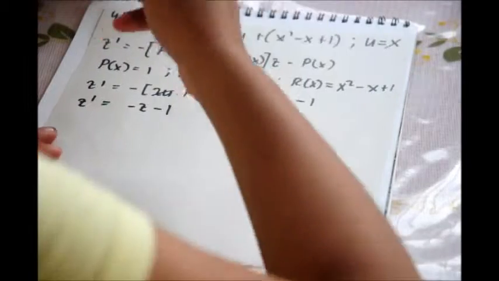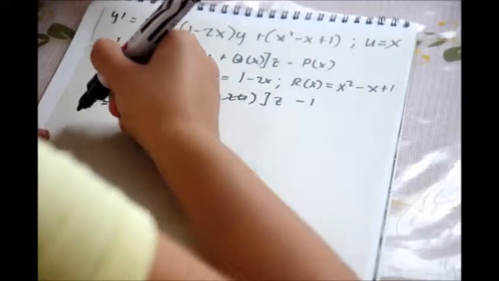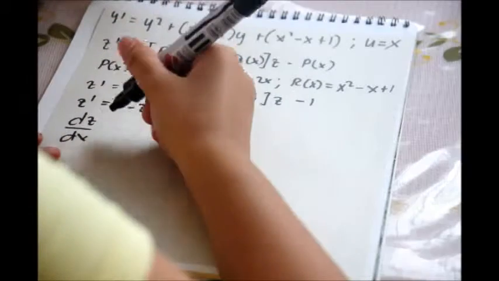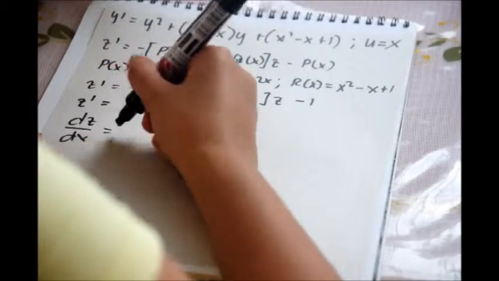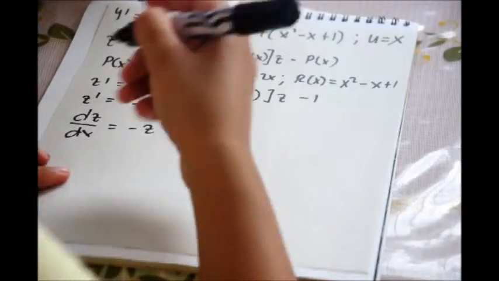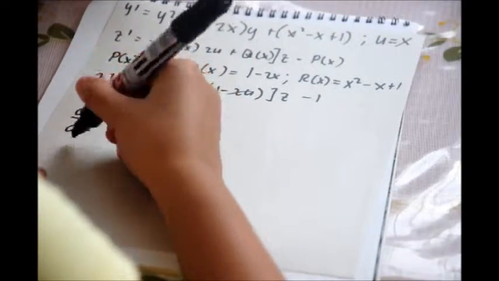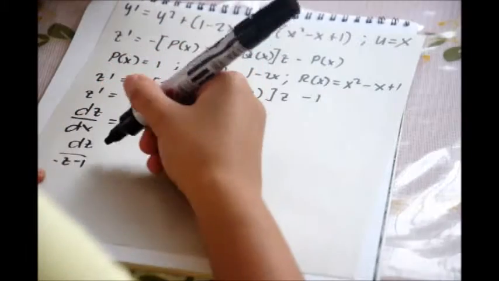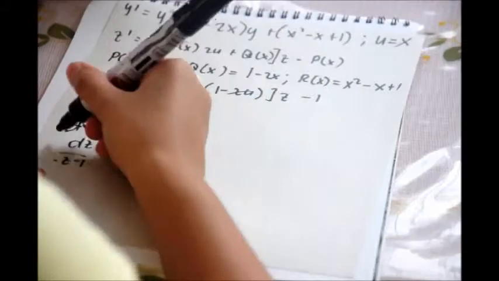So now it becomes z prime, dz over dx, is equal to negative z minus 1. Now let's separate the variables. So it becomes dz over negative z minus 1 is equal to dx. Now let's integrate both sides.